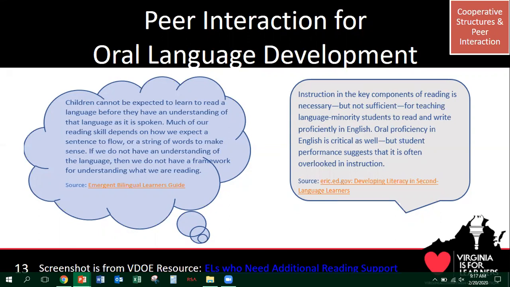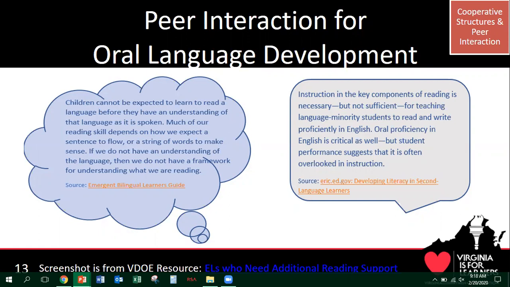But really thinking about, as we are focusing on literacy instruction and development, the critical role that oral language development plays. If we think about how we learned our first language, we do that first by speaking to make connections.